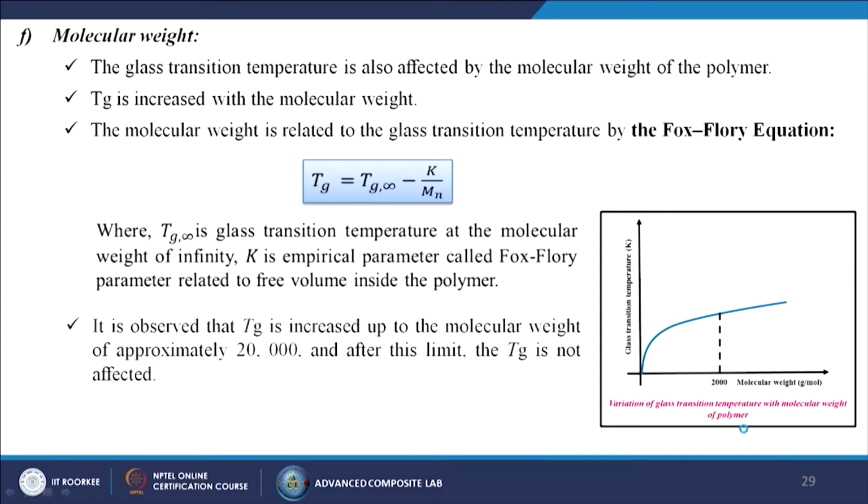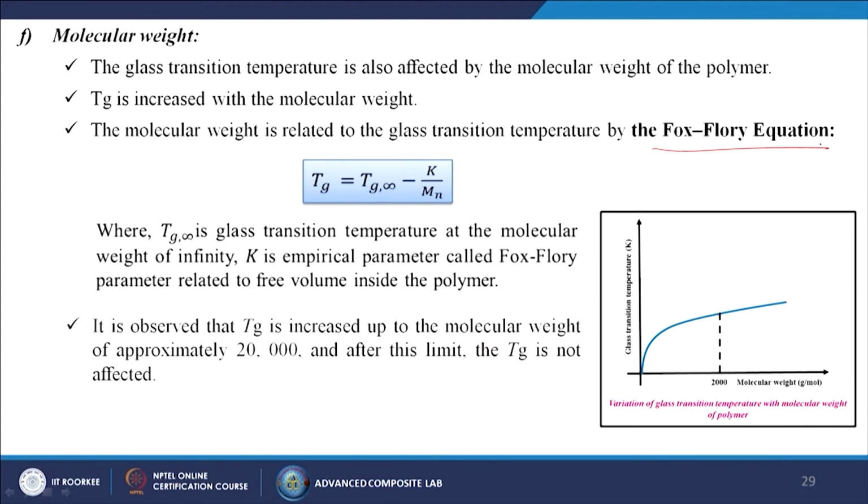Another one is the molecular weight. The glass transition temperature is also affected by the molecular weight of the polymer. Tg is increased with the molecular weight. The molecular weight is generally related to the glass transition temperature by the Fox-Flory equation.